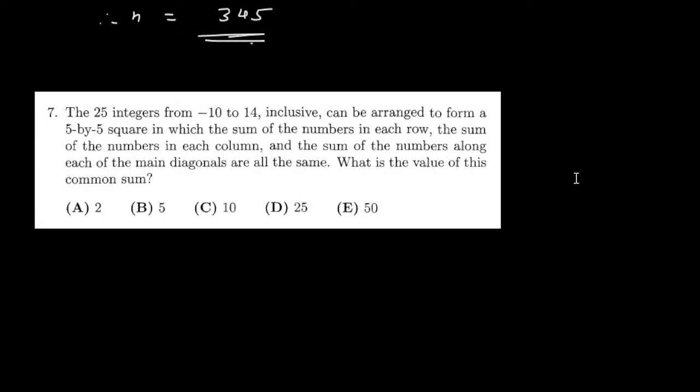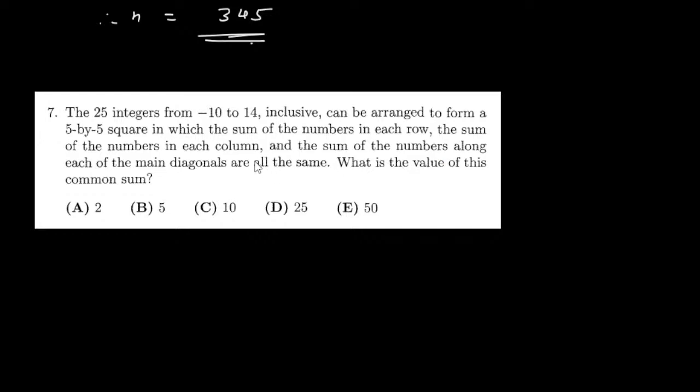The 25 integers from minus 10 to 14 inclusive can be arranged to form a 5 by 5 square in which the sum of numbers in each row, the sum of numbers in each column, and the sum of numbers along each main diagonal are all the same. What is the value of this common sum?